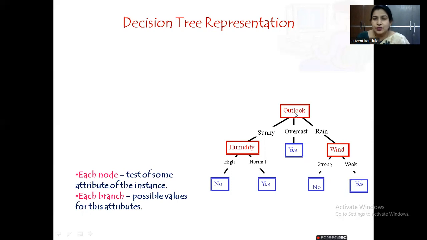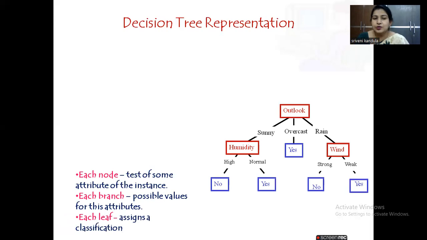For example, if you take Outlook, this is an attribute. It has three possible branches: sunny, overcast, and rain. These are nothing but the possible values for the attribute Outlook. Similarly, if you take Humidity, its possible values are high and normal.